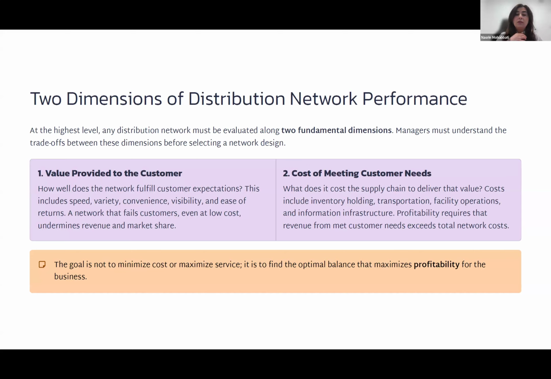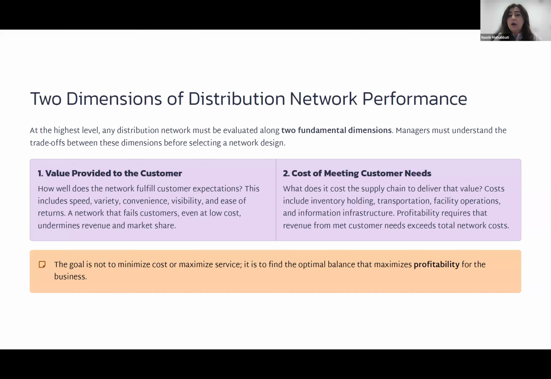What segment of customers are we trying to capture? Walmart has a specific segment of customers who value low cost. Whole Foods has a specific segment of customers who value, for example, high quality. So what exactly our business wants, what kind of customers, and what those customers value will directly affect our decisions on designing the distribution network of the supply chain.